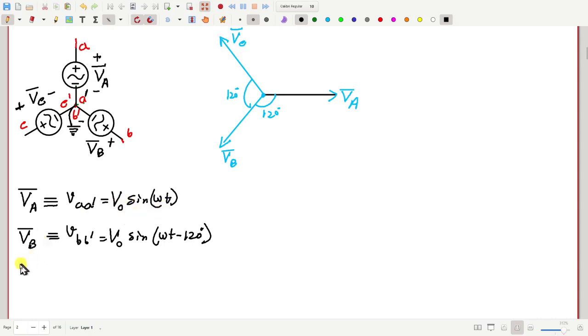Now suppose Vp is the magnitude of phase voltage. That means this length corresponds to Vp. This length also corresponds to Vp. Similarly, this length is also Vp.